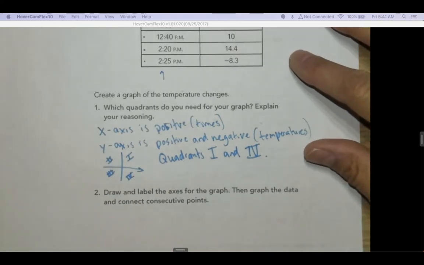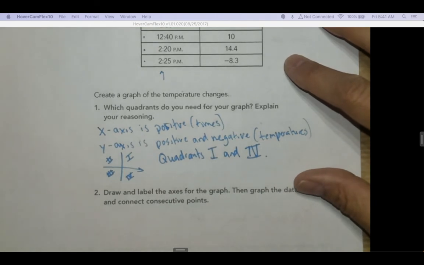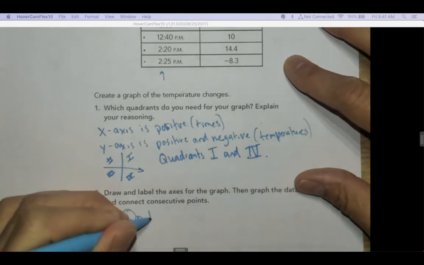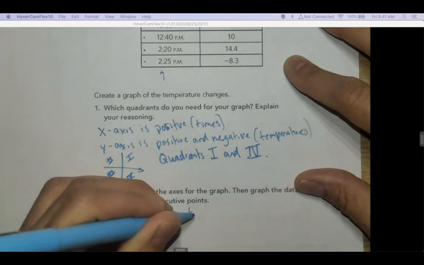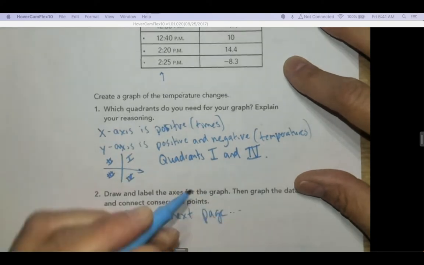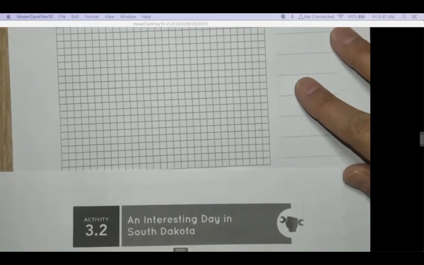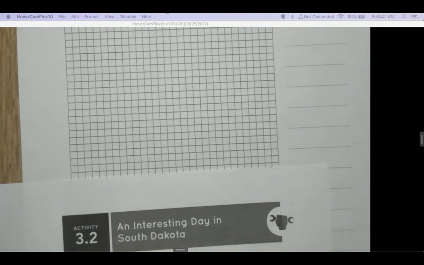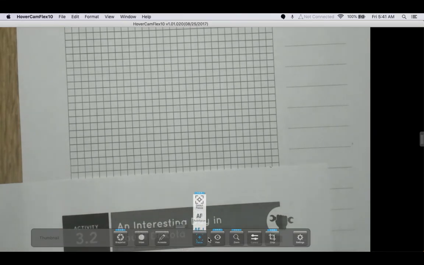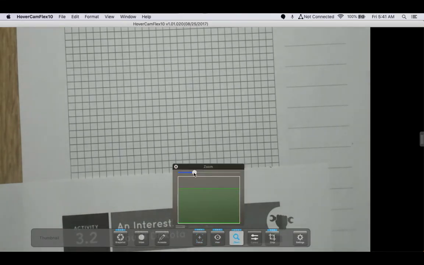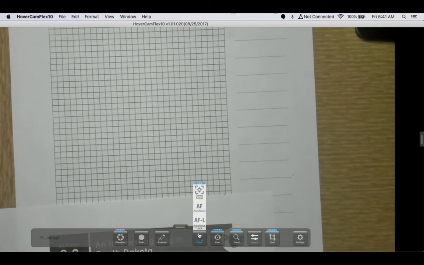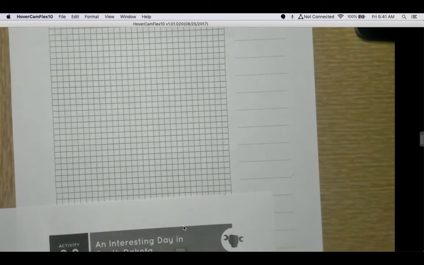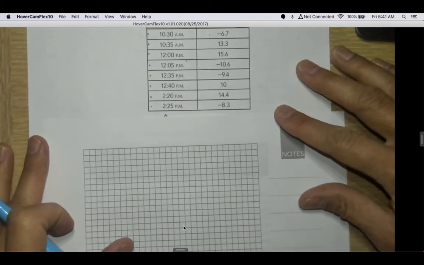Label the axes for the graph. Then graph the data and connect consecutive points. That's on the next page. Okay. All right.